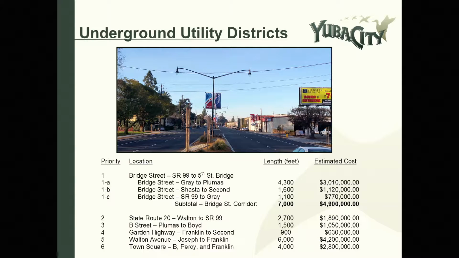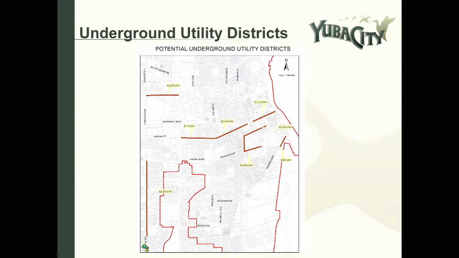And so based on previous recommendations, previous areas of interest, and then also with the new focus on the Fifth Street Bridge and the Bridge Street corridor, staff's put this kind of a priority list together for recommendation. But we're coming forward to you guys for recommendation if you have a particular interest.